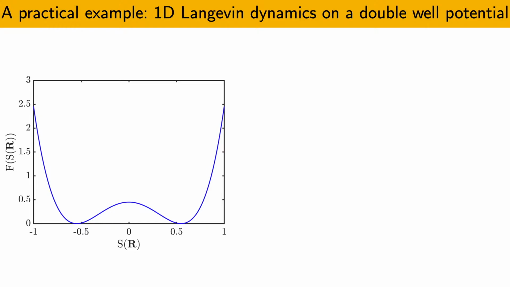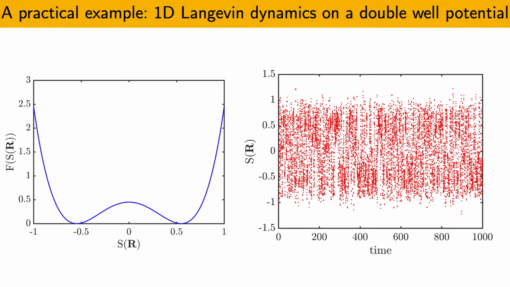And this process will generate a trajectory that spans the configuration space in time. As you can see, this is a representation of the trajectory of the system, where every point is a realization of the variable s as a function of time. So the system starts and can move freely along the s coordinate as time progresses.